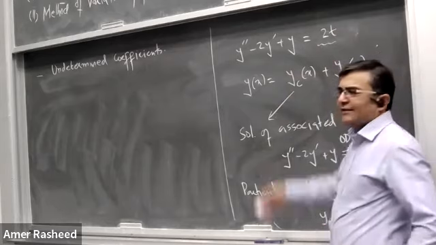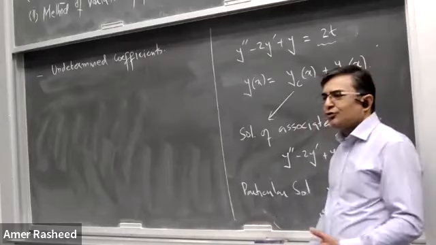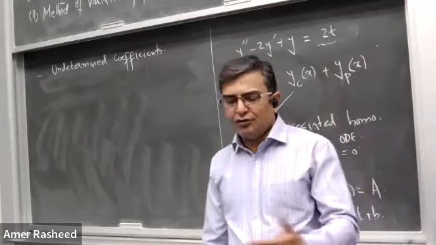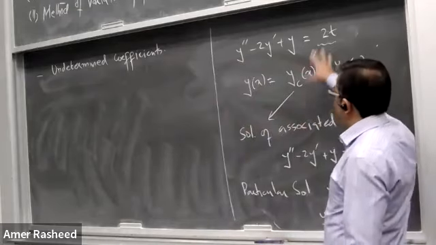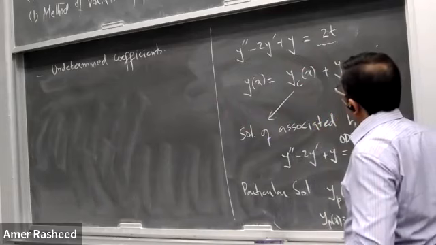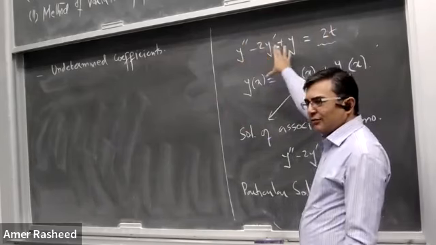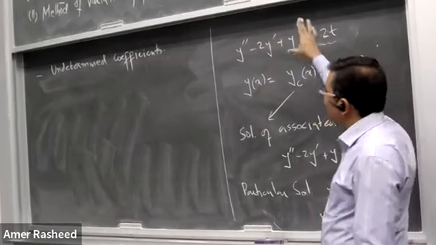For exponential functions, and for cosine and sine, we assume different particular solutions. This was the method of undetermined coefficients for solving a single non-homogeneous linear differential equation.